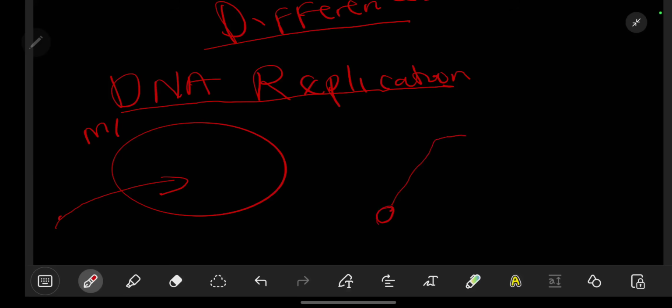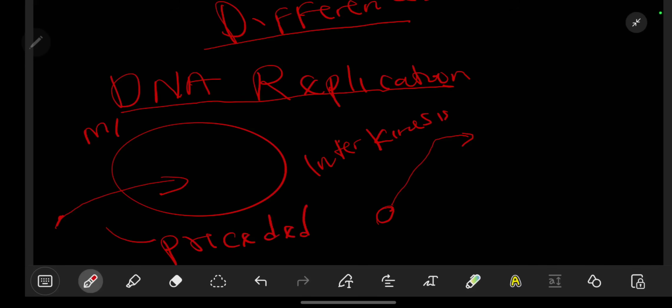It does not undergo interphase, but after meiosis 1, there is a brief stage which we call interkinesis, which is a rest between cell cycles from meiosis 1 to meiosis 2. So meiosis 1 is preceded by DNA replication, meaning first DNA replication takes place, then meiosis 1 will take place.